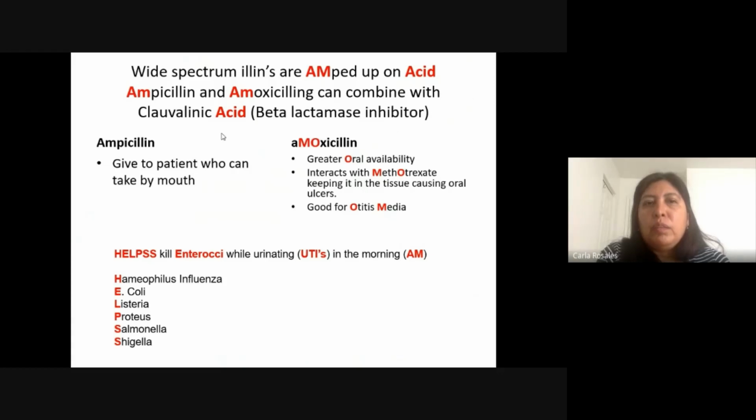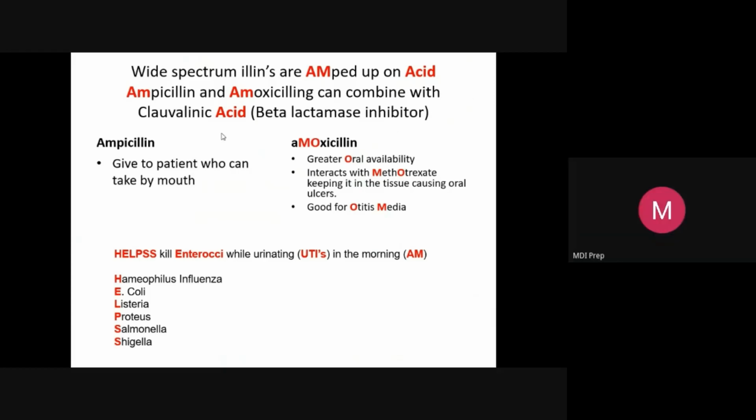Because with this beta-lactamase inhibitor, we kill the smart bacteria, because sometimes bacteria are smart and they create beta-lactamase. If you give amoxicillin with clavulanic acid, you kill the bacteria that are producing that, because they have an inhibitor to prevent it. Good, that is beautiful. You did a great job on that.